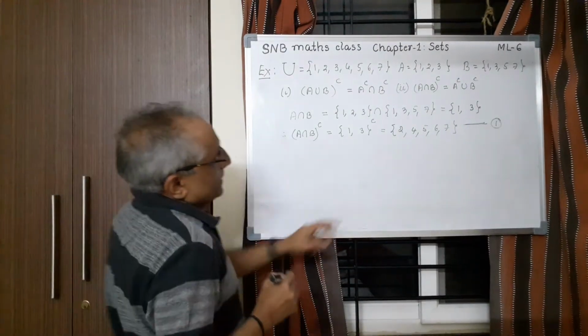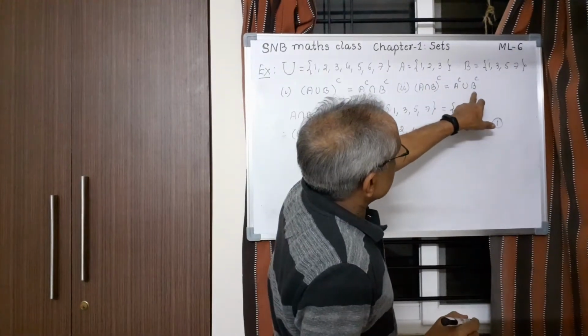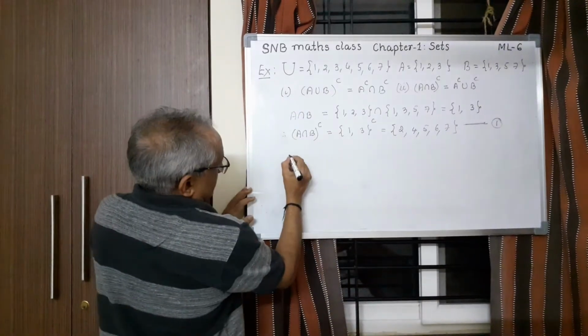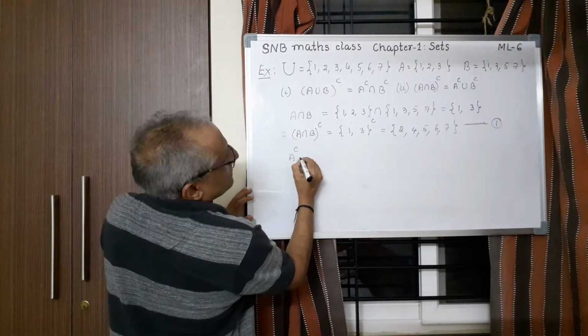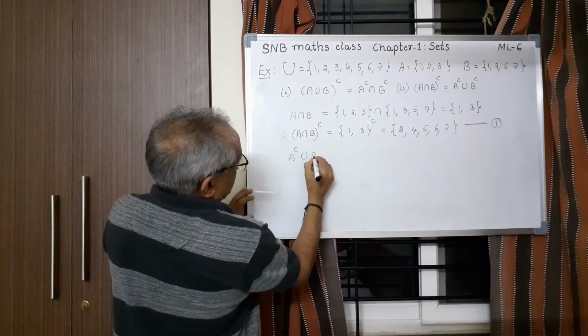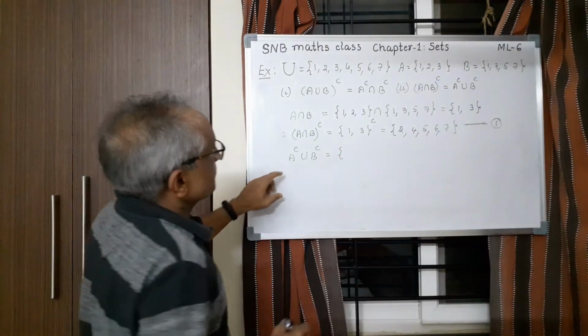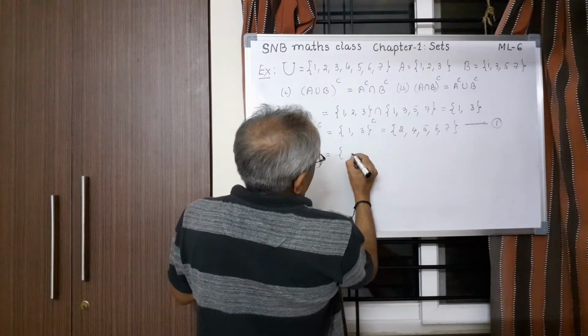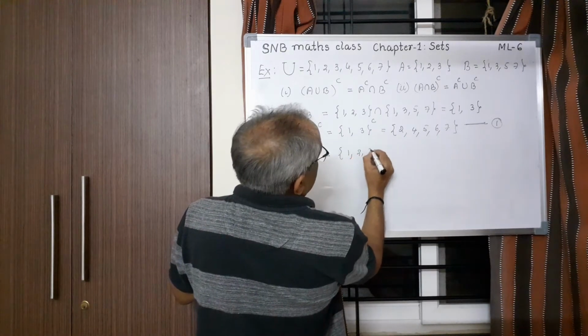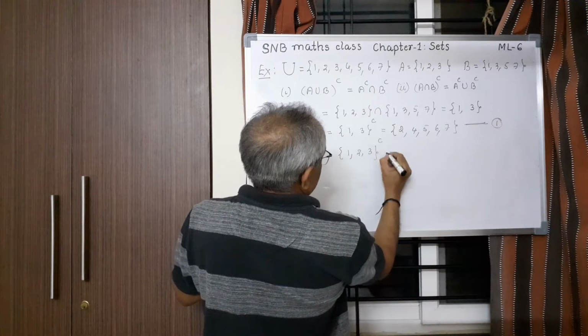Then I have to find A complement union B complement. Let me substitute first. A is 1, 2, 3, its complement.